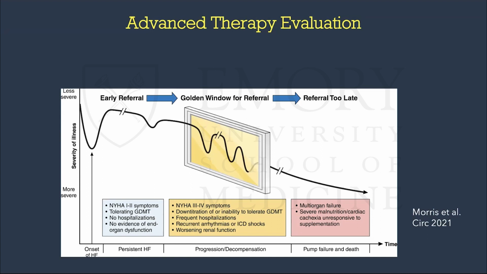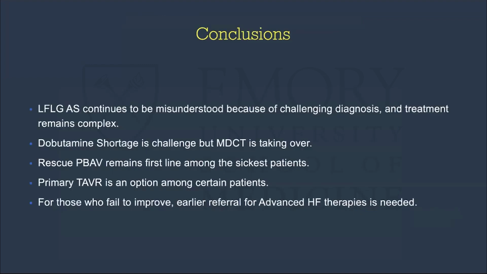The idea of this slide is to show that timely referral before multi-organ dysfunction is important. In our patient, these were not appropriate because the patient was not considering advanced heart failure therapy, and this also did not meet the social support criteria.